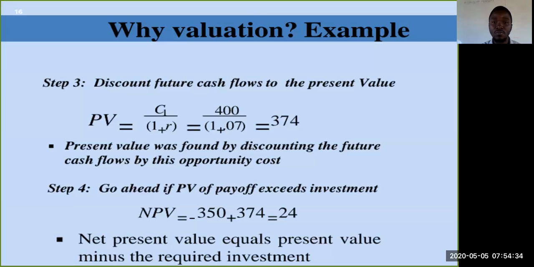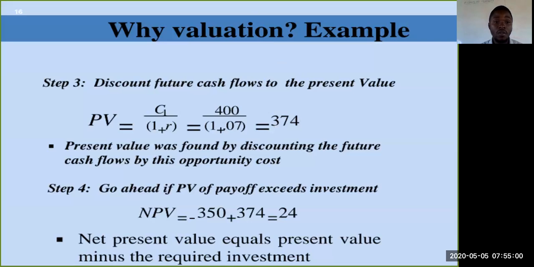This is because it is more costly for us to venture into financial investments compared to what we can invest in using the 350 million kwacha. So present value was found by discounting the future cash flows by its opportunity cost.